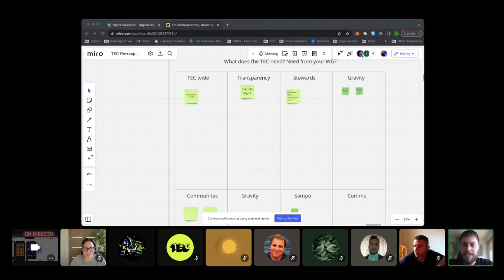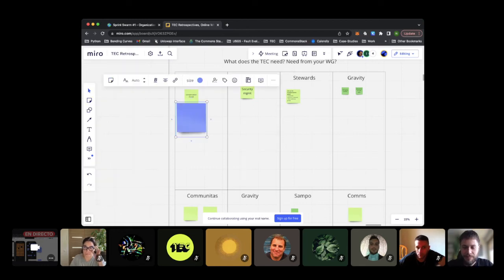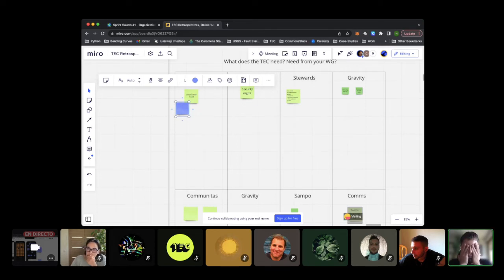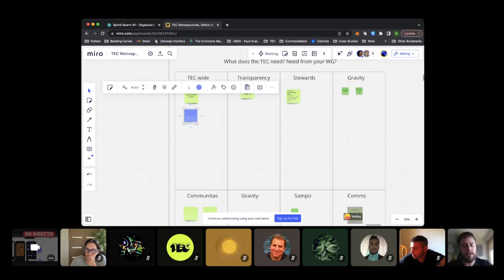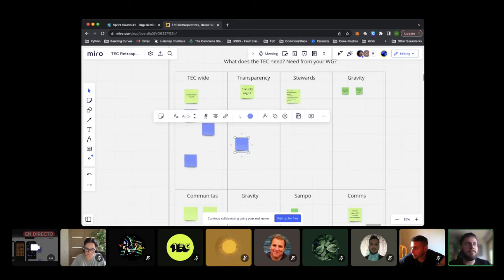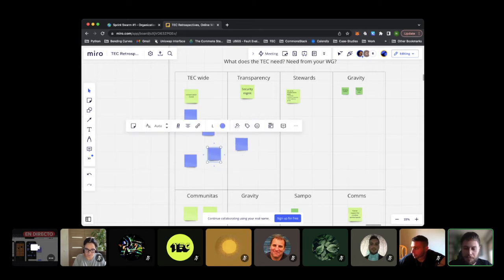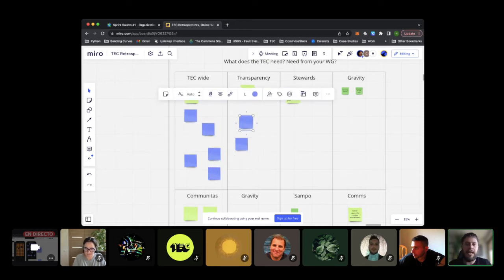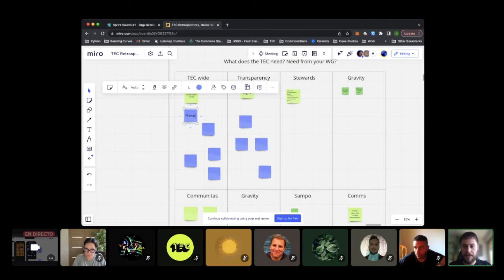What does the TEC need? I haven't opened the Miro board yet, but give me a second, I'll start adding my contributions. With the different situations we've had this week, I don't know if it would be a euphemism to say manage expectations from contributors, or if I would just plainly say that contributors should not have any expectations at this point until we figure out how things are going to work.